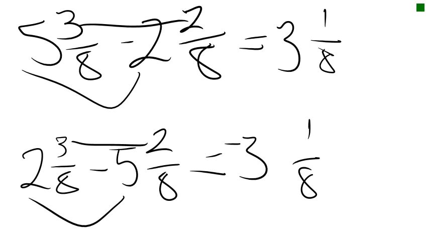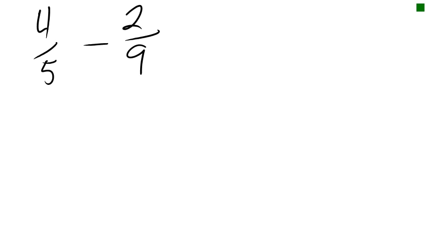There you go. For this set, we will do a mixed fraction that is unalike and a regular fraction that is unalike for subtraction. We'll use the same bottoms. So we have 4/5 minus 2/9. We need to make those equivalent on the bottom. The simplest way is to multiply 9 times 5.